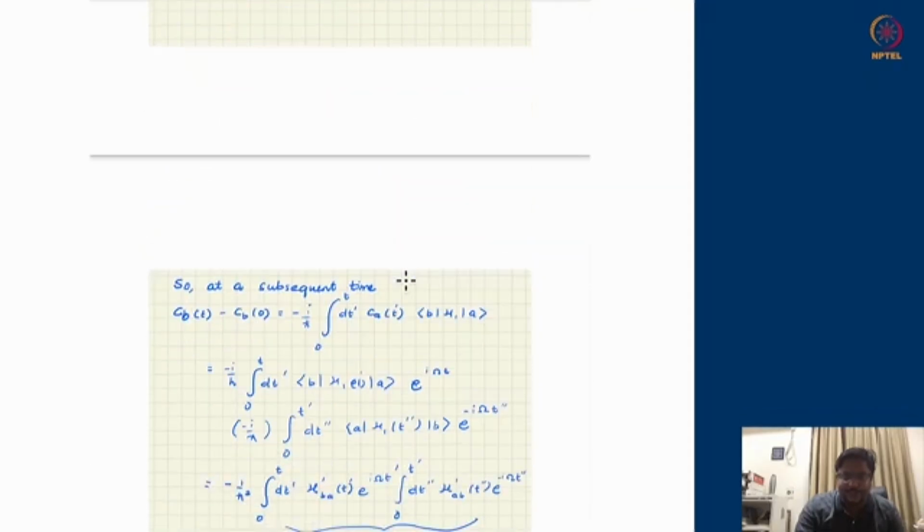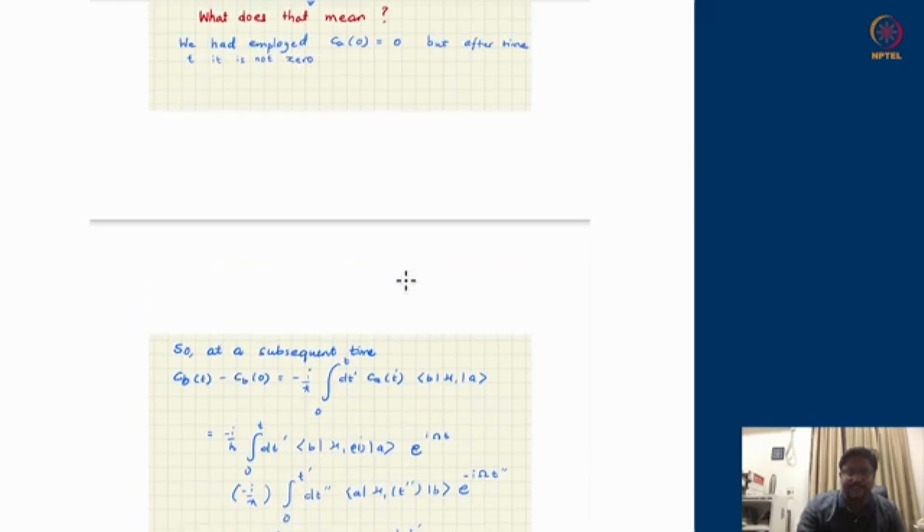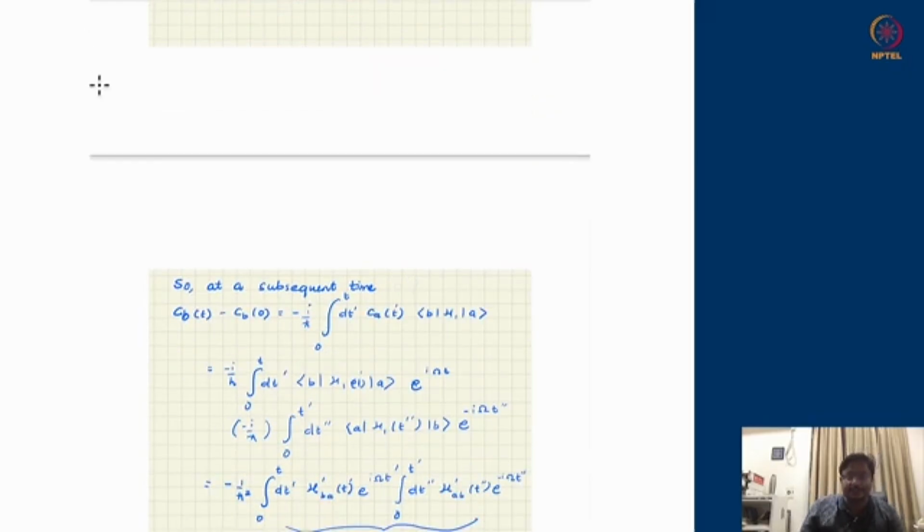So to do that, let us look at the case when I was looking at the differential equation for Cb dot once more. So let me write it down here.